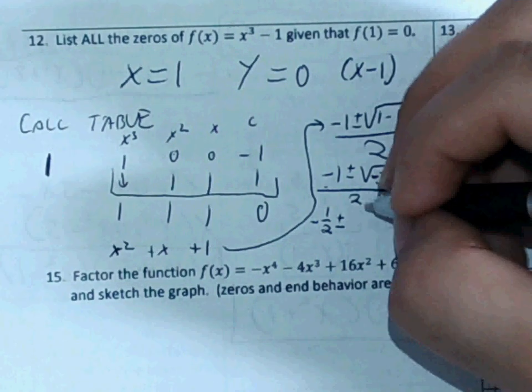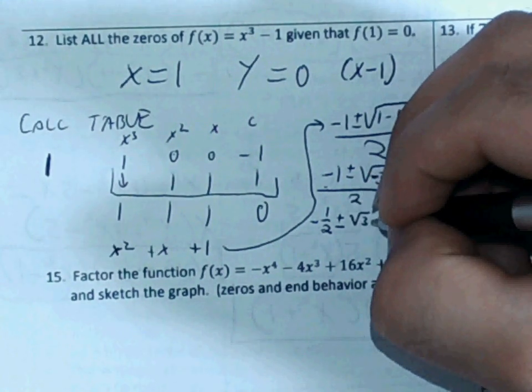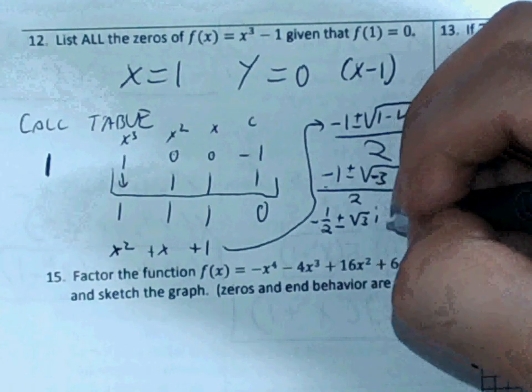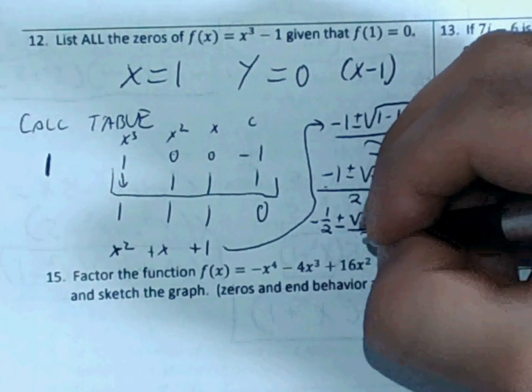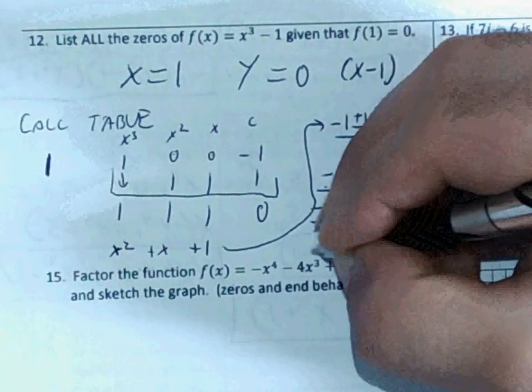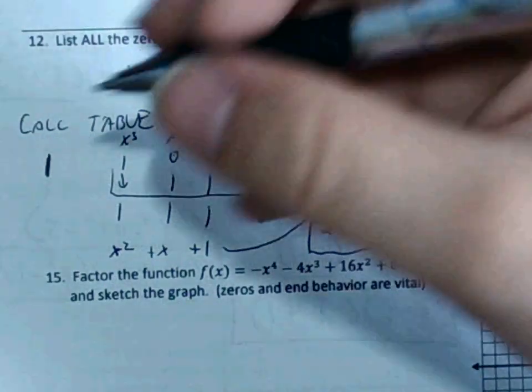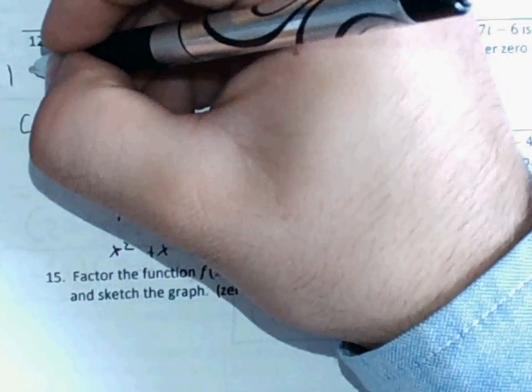So it'd be plus or minus root 3i over 2. So those would be the other zeros. So that's a 0, and 1 is also a 0.